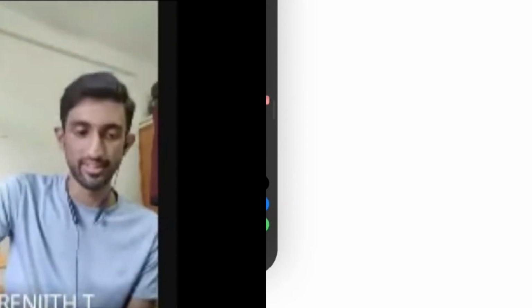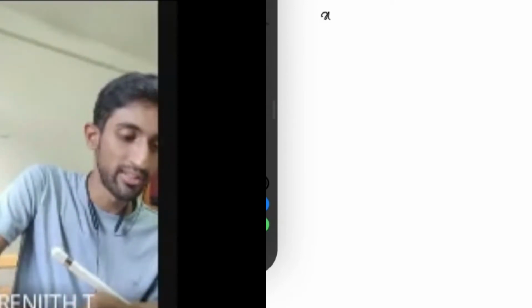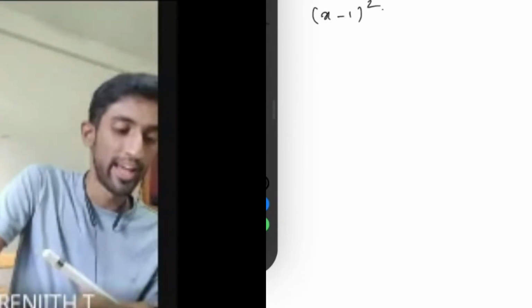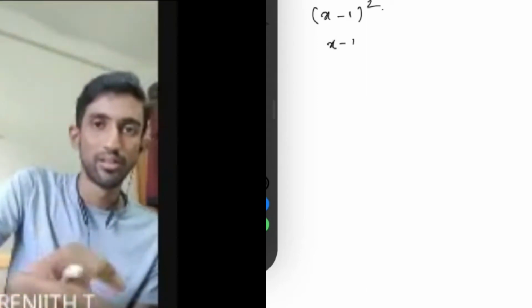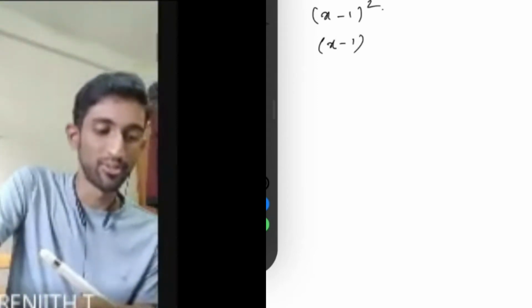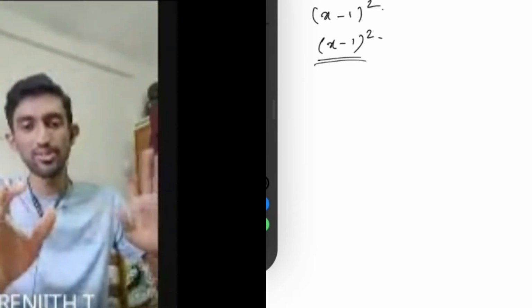Or in other words, if you have a basis containing only eigenvectors, you say that the matrix is diagonalizable. But it may not be diagonalizable, for example if your characteristic polynomial is (x minus 1) whole square and the minimal polynomial is also (x minus 1) whole square, then it is not diagonalizable. All these things you might know.